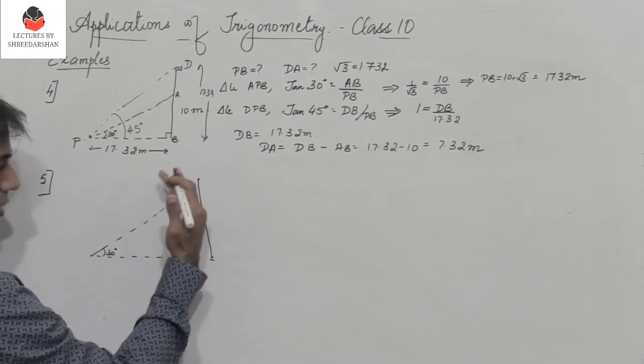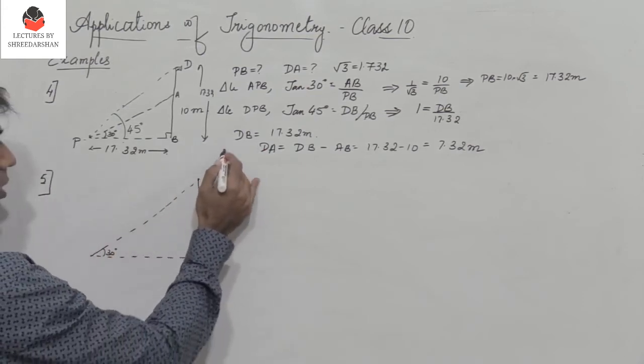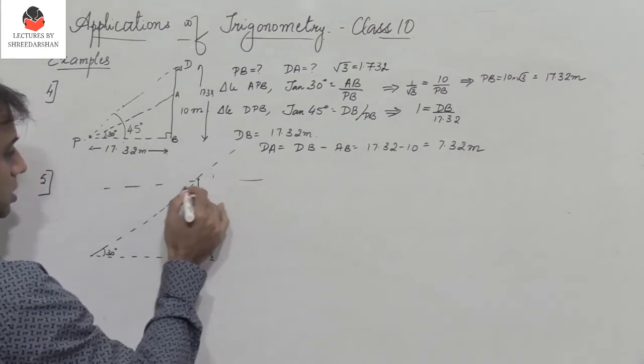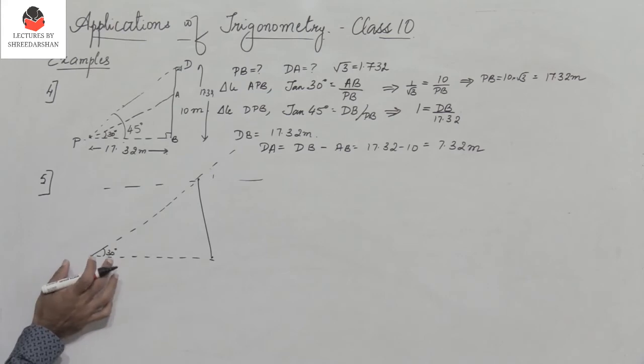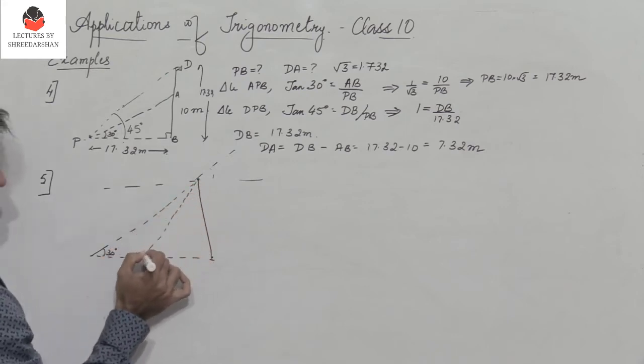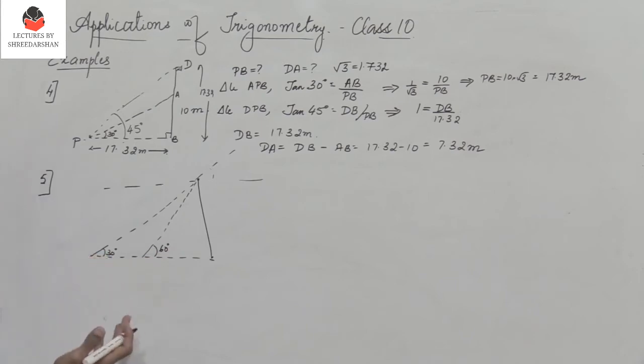So the shadow of the tower falls on the ground when the sun's altitude is 30 degrees. Okay, so this is 30. So now it's been stated that when the altitude becomes 60, so this is 60 degrees, it is 40 meters shorter.